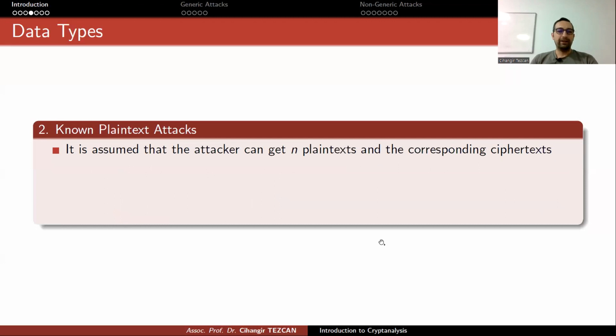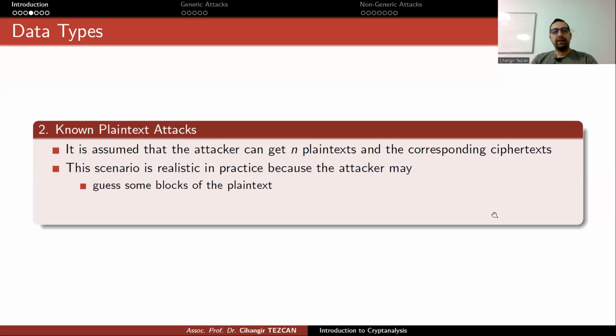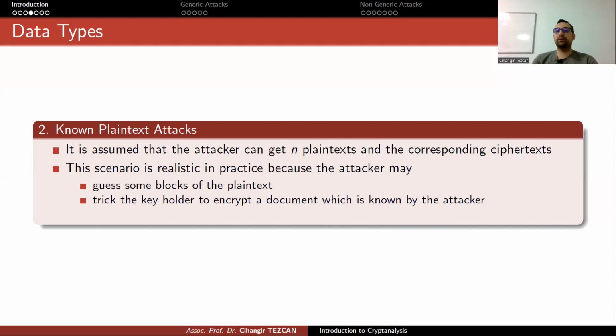The second type was known plain text attacks. It is assumed that the attacker can get n plain texts and the corresponding ciphertexts. Here, we are thinking about blocks because every block will give you something else. This scenario is realistic in practice because the attacker may get some blocks of the plain text, or trick the key holder to encrypt a document which is known by the attacker, which the Japanese did during the Second World War.